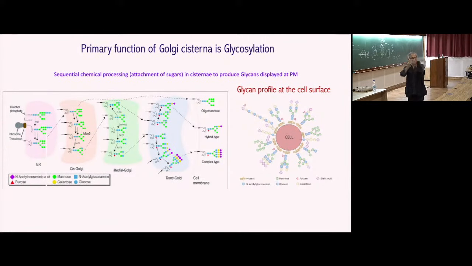They keep adding, like an assembly line. After some amount of chemical processing is done, it gets transferred to the next cisterna. More chemical processing happens, gets transferred to the next, and so on and so forth. So that's the process. It's an incredibly complicated process. I'd like you to appreciate that.